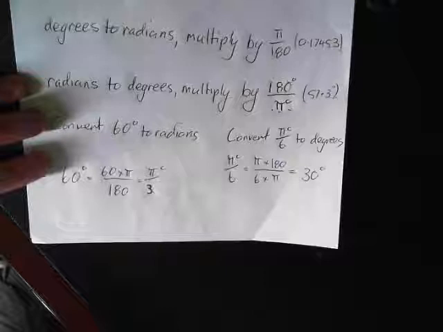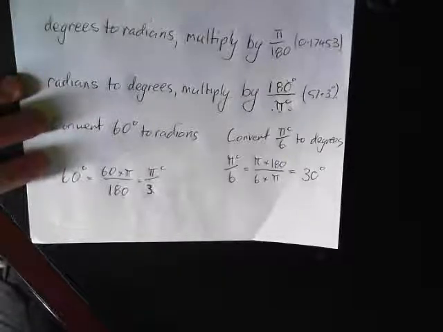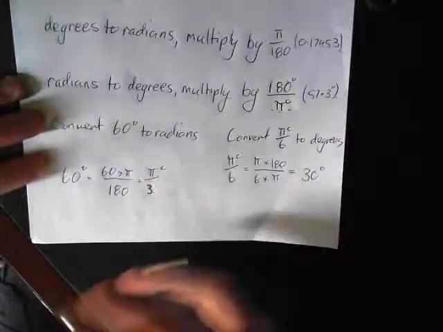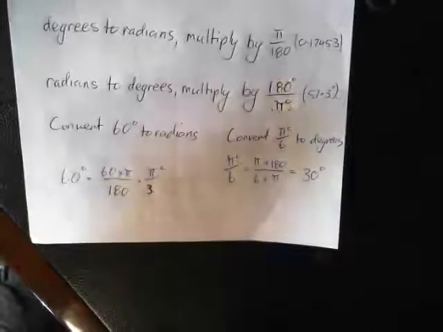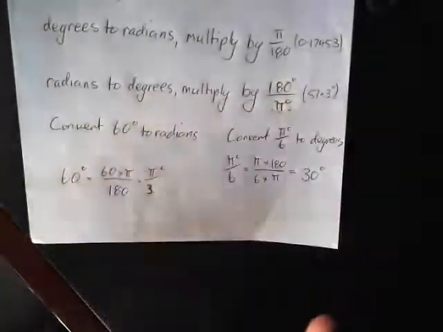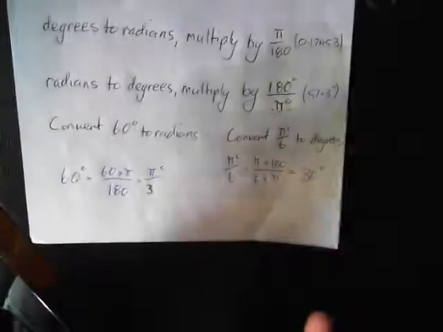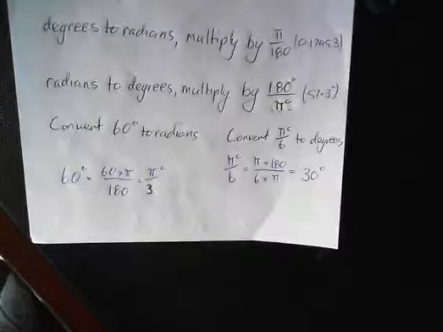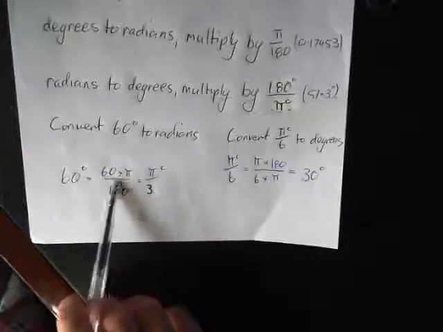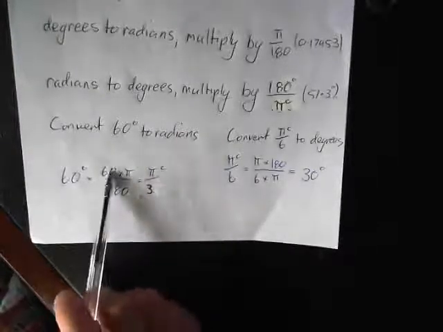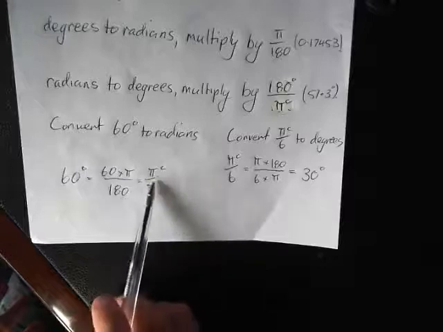Normally if you've got radians as a fraction of pi, you leave it as an exact value because pi is an irrational number. And because a radian is quite a big angle, a radian is almost 60 degrees, when you start rounding, you get a lot of errors built into your calculations very, very quickly. Okay, so if you're asked to convert 60 degrees to radians, 60 times pi over 180 becomes 60 over 180 times pi.